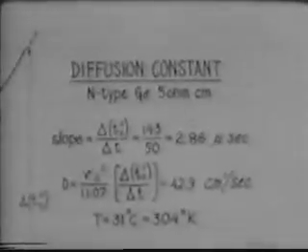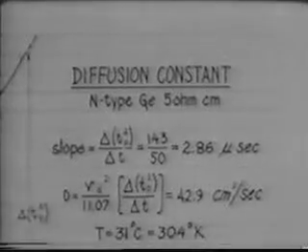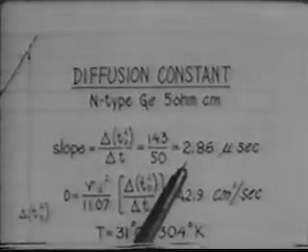On this chart, we have plotted the values of t sub p squared as a function of the transit time t. As you see, the data points fall close to a straight line in keeping with Bell's equation. The slope of the straight line is 2.86 microseconds.